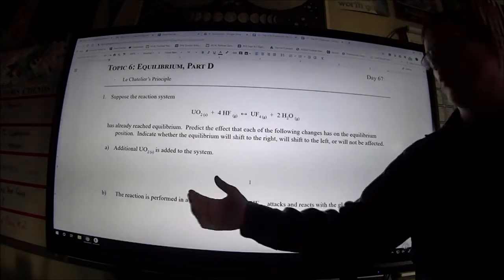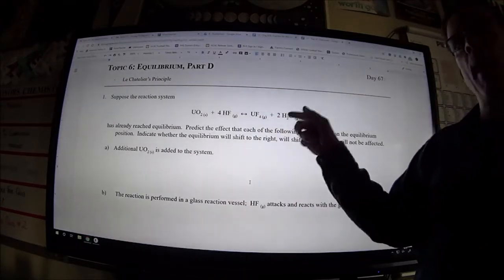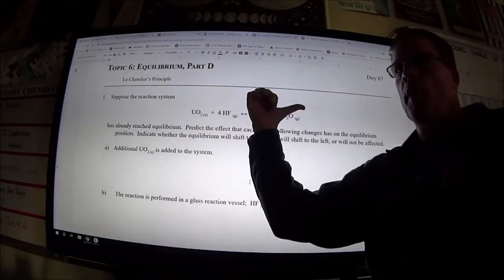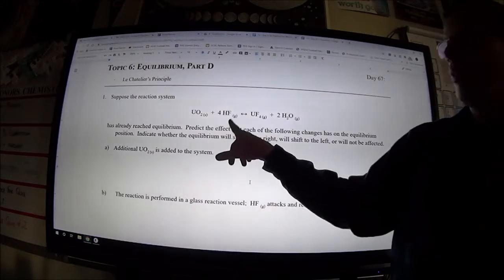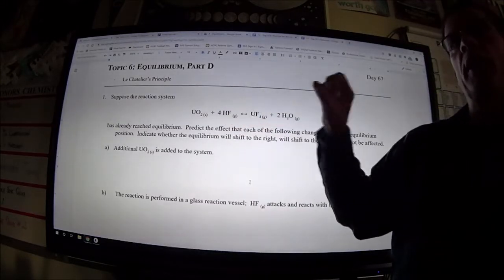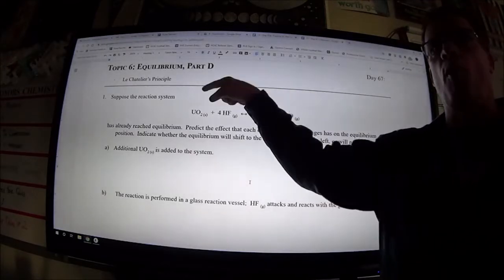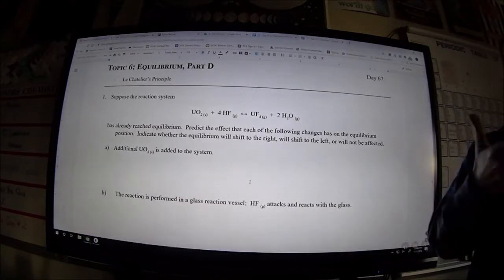To get back to equilibrium, these things will react and shift the reaction that way, so it'll form more products. If I take the HF out, how do I get it back to equilibrium? I take these and shift it that way to form more reactants. That's a beautiful thing about equilibrium. You're going forward and backward.